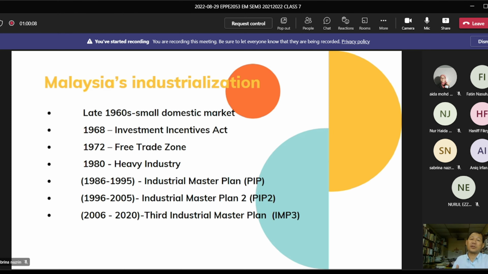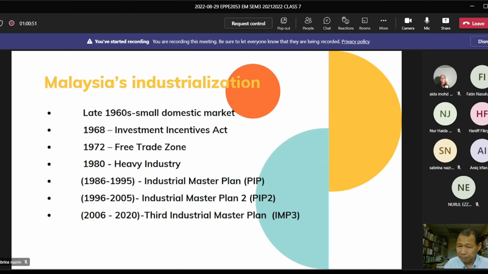So they would be given tax incentive in the form of exemption. They did not need to pay corporate tax, company tax, for 10 years. So a 10 year tax holiday. That was given by the Pioneer Industries Ordinance 1958.